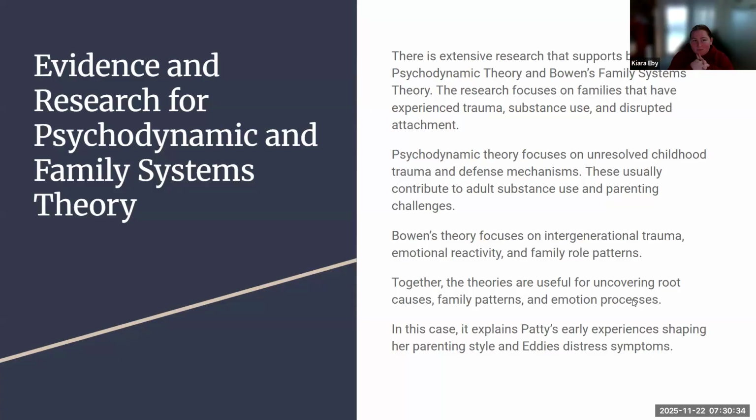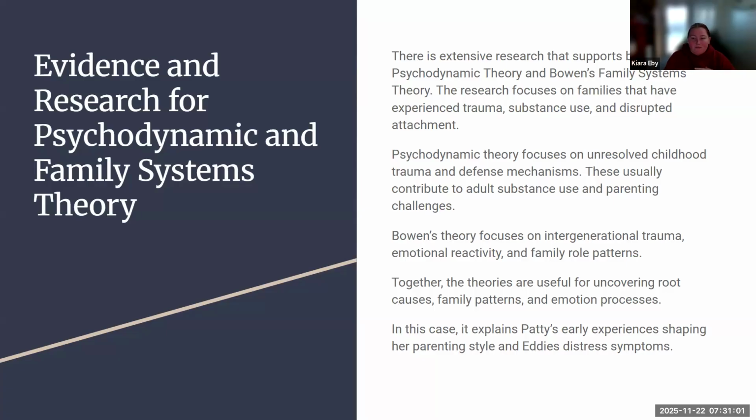Okay, so for the evidence and research for psychodynamics and family systems theory, there's extensive research for both of these. The research focuses on families that have experienced trauma, substance abuse, and disrupted attachments. Psychodynamics focuses on unresolved childhood trauma and defense mechanisms, which usually contribute to adult substance use and parenting challenges.